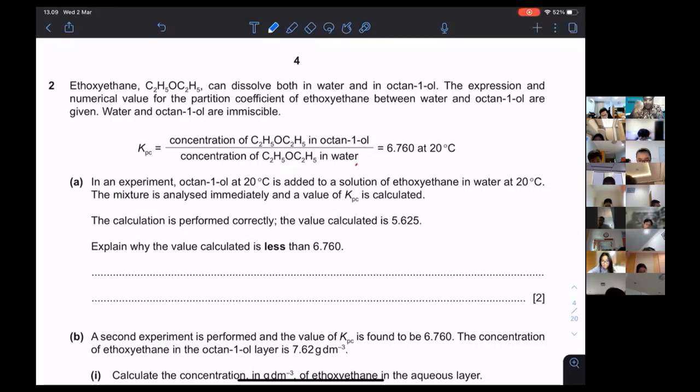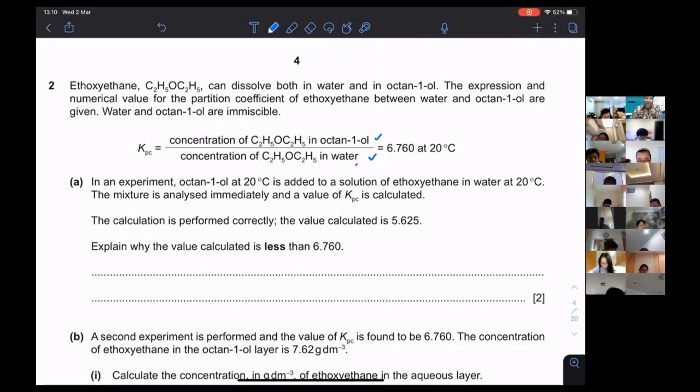If it is KPC, it means the partition coefficient, so it must be between two immiscible liquids, and they say that water and octan-1-ol are immiscible. They calculate the KPC by putting the ethoxyethane in octan-1-ol and dividing the ratio by that in water. They found it is 6.760 at 20 degrees Celsius.